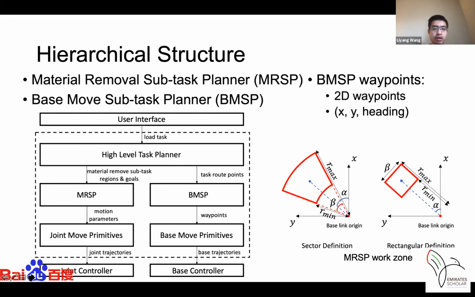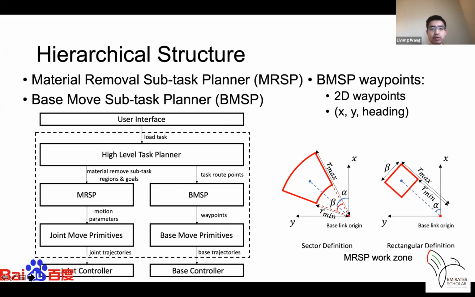First, the user interface will give this planner system the task it wants to be done. It could be a trench task, it could be a material loading task, it can be different kinds of tasks. Then there is a high-level task planner which will separate the entire task into different subtasks.